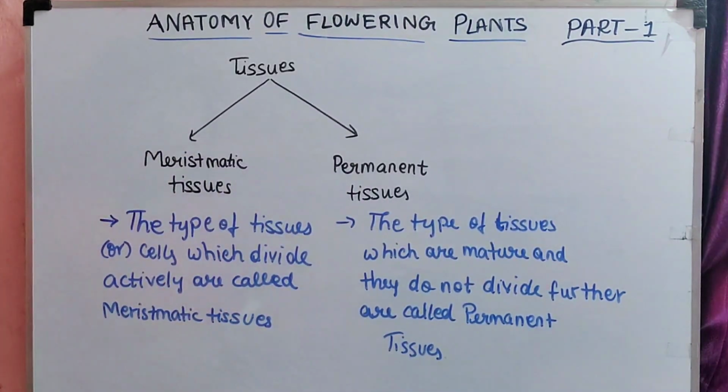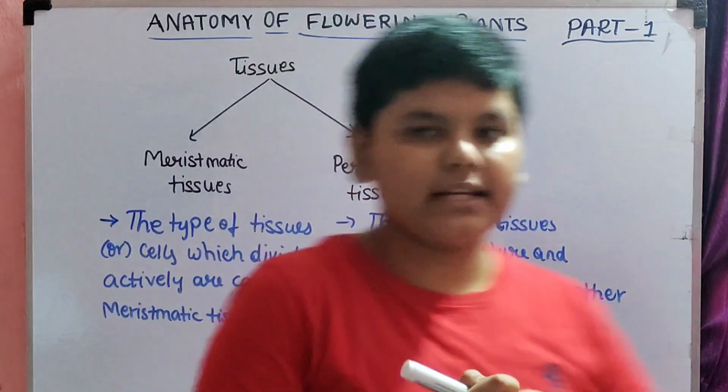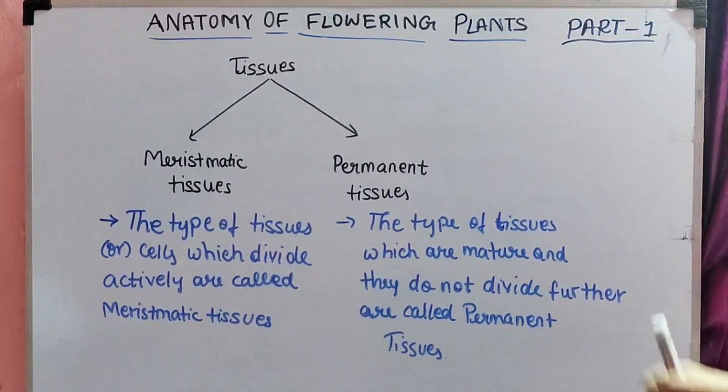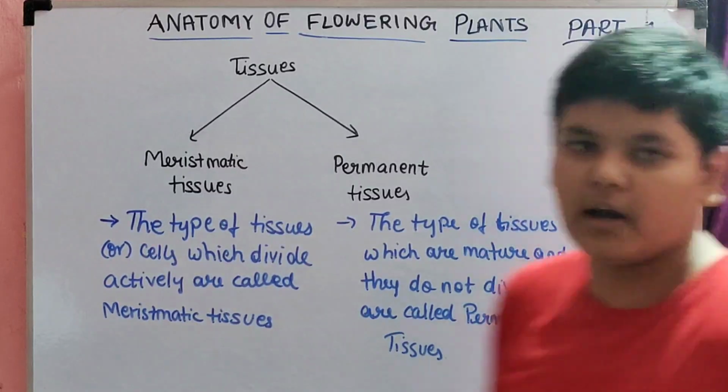So the type of tissues or cells which divide actively and continuously are called meristematic tissues, and the type of cells which are mature and do not divide further are called permanent tissues.